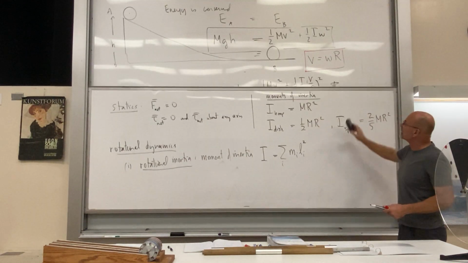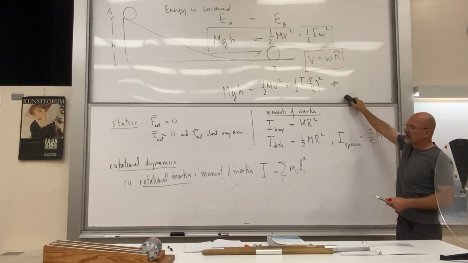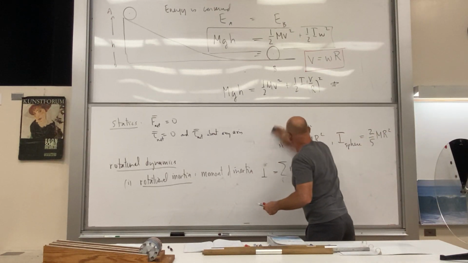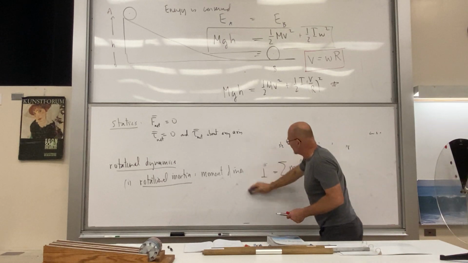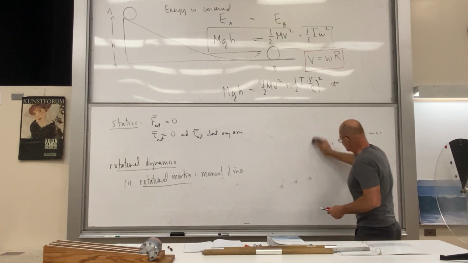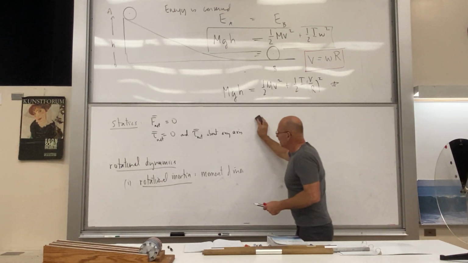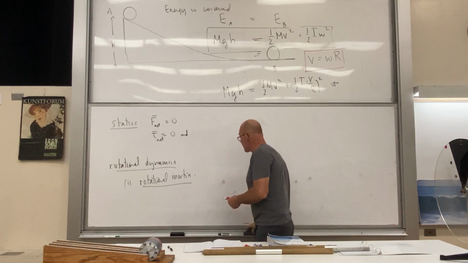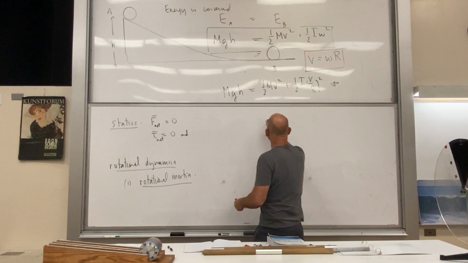Now you could actually just look at this and declare victory, but let's go ahead and finish out and solve for V. So solve for the speed at the bottom of the hill, which is what that is.